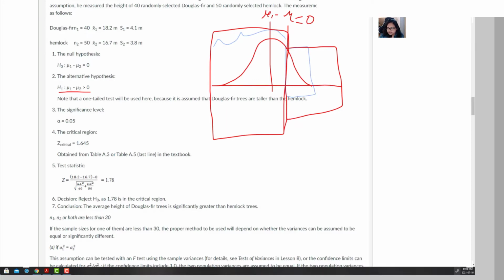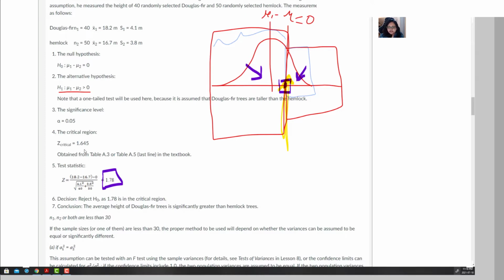Our job is to find out what the value is here. If the test statistic we find is somewhere here, then we reject the null hypothesis. If it is less than this value, then we say it's not rejected.